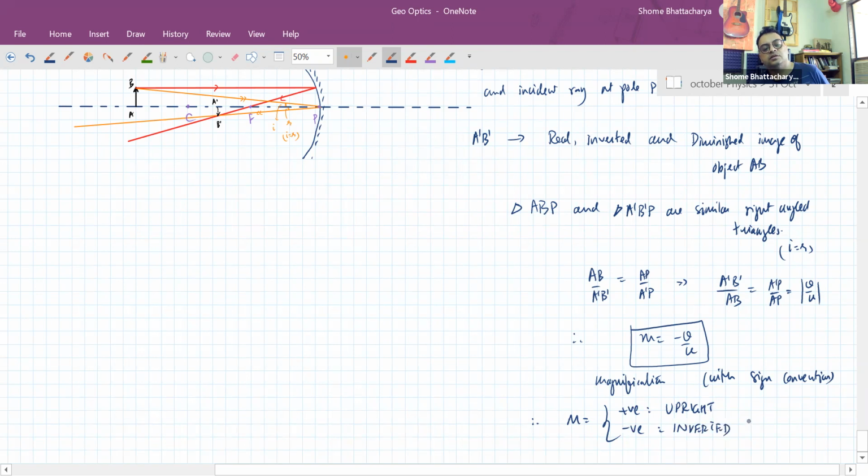So in the case of a mirror, inverted means that it is real, upright means that it is virtual. And magnitude of m greater than 1 means that it is magnified, and magnitude of m less than 1 means that it is diminished.